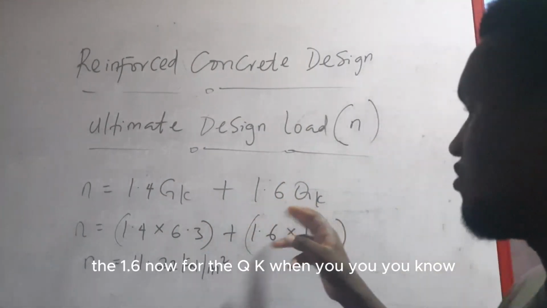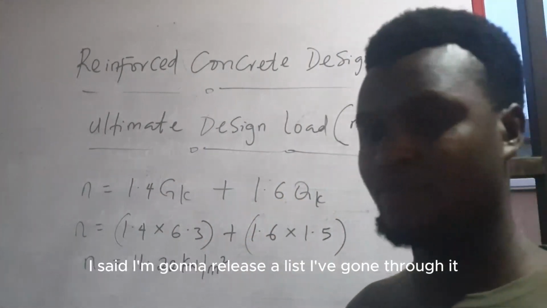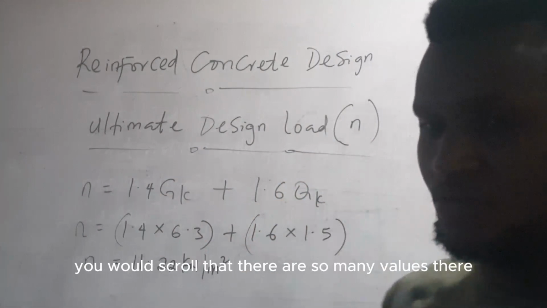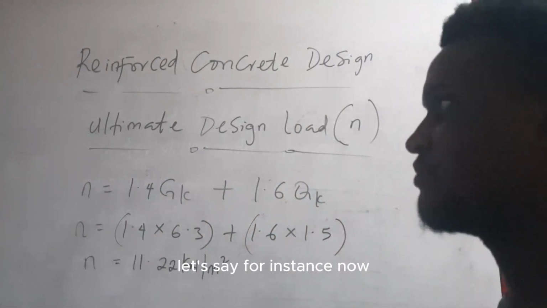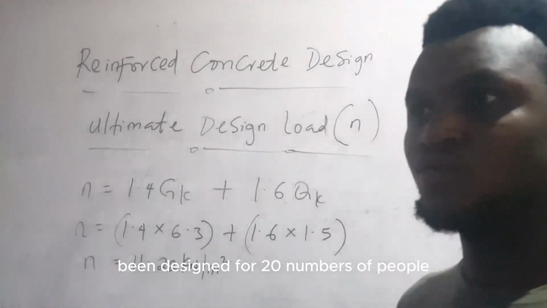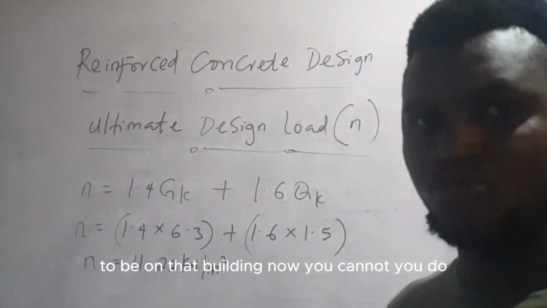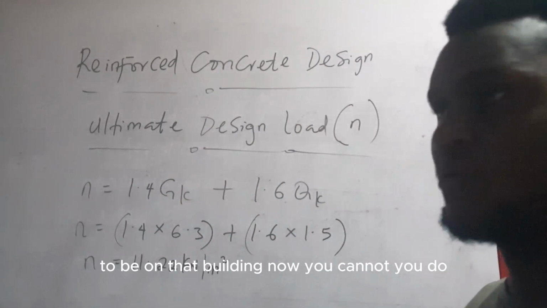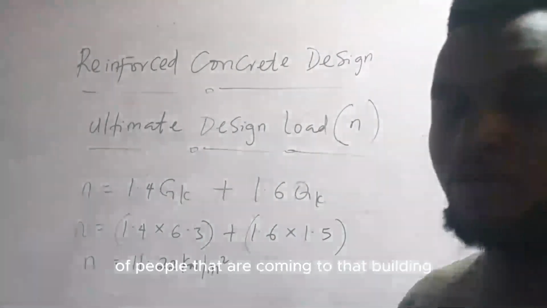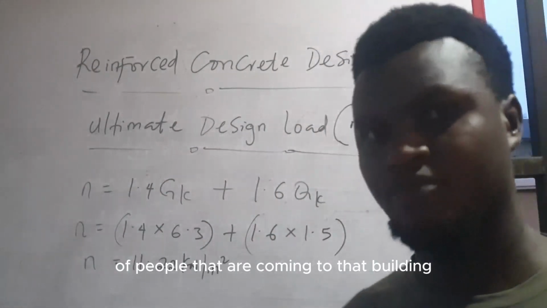Now for the QK, when I said I'm going to release a list, if you have gone through it, you will discover that there are so many values there. Let's say, for instance, a residential building is being designed for 20 people to be on that building. Now, let's say you don't really have power over the number of people that can come into that building.